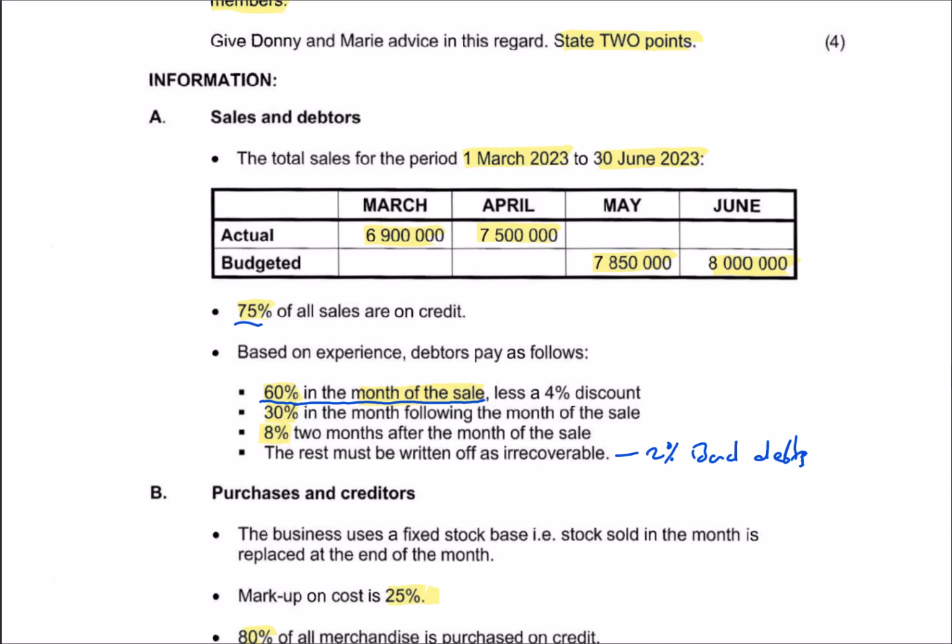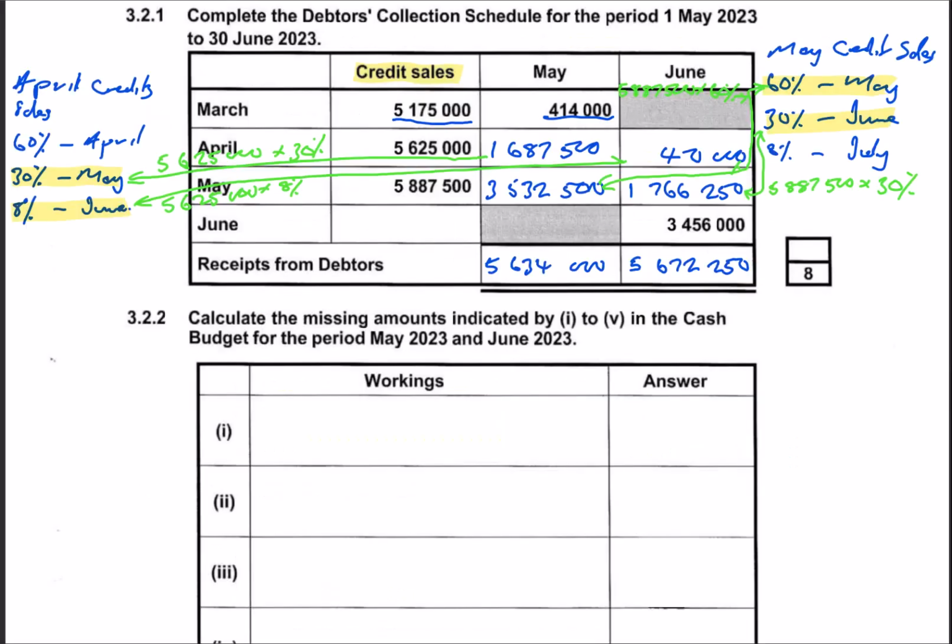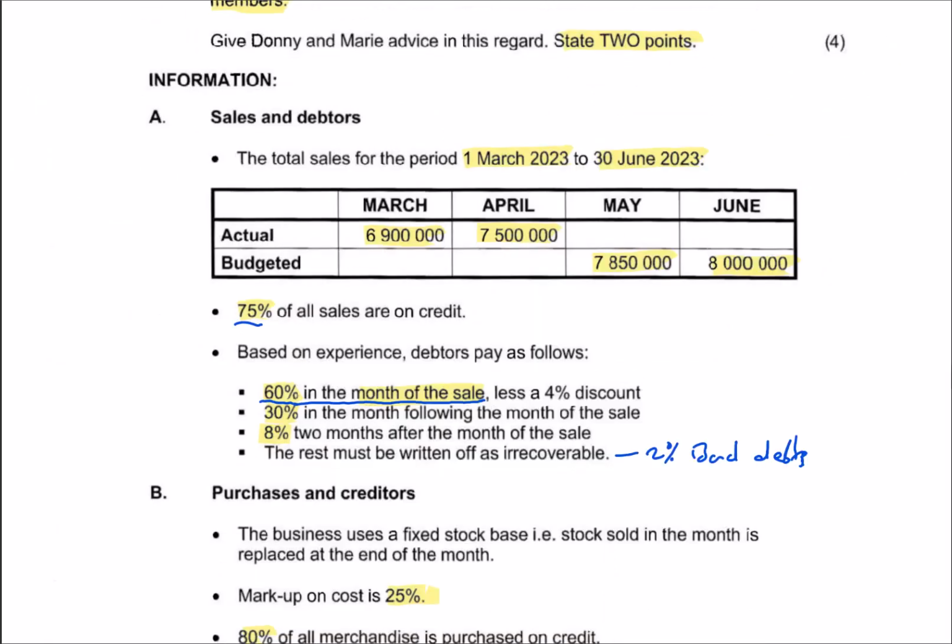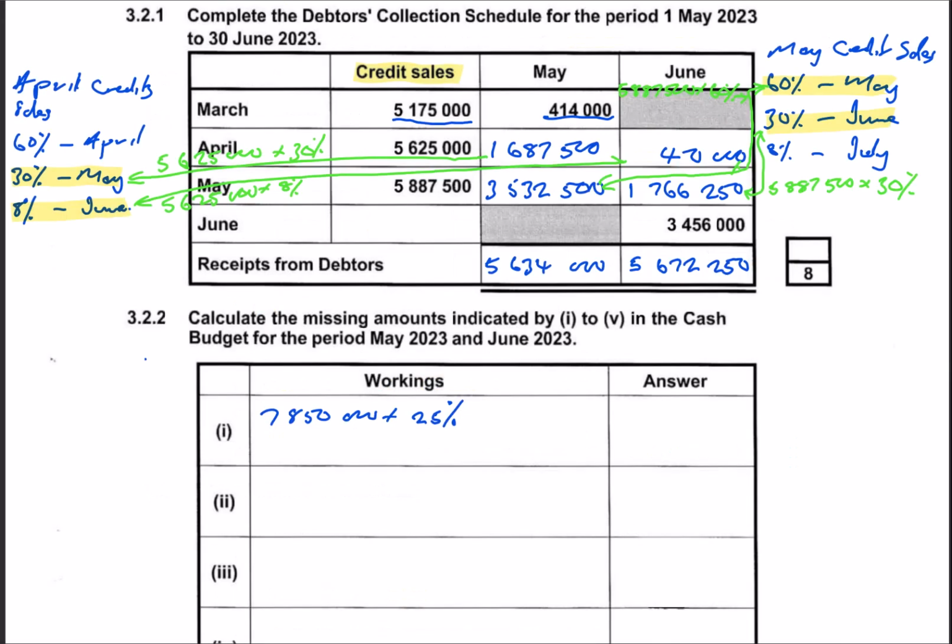That means 25% are on cash. So 7,850,000 times 25%. Because the question tells you that 75% is on credit, that means 25% is cash, and that's cash sales in May, because they said calculate the missing figures.